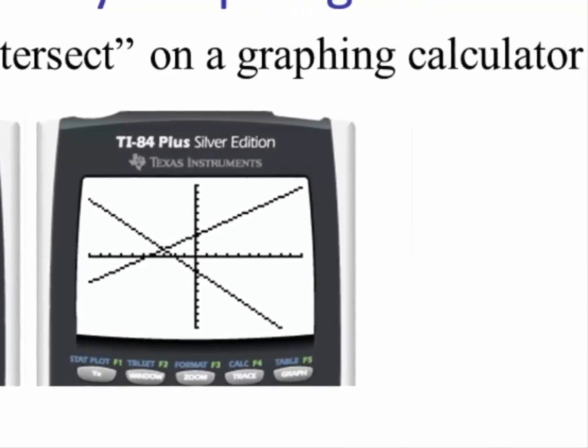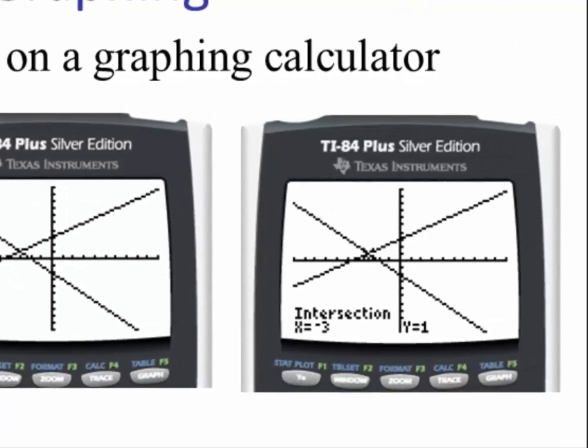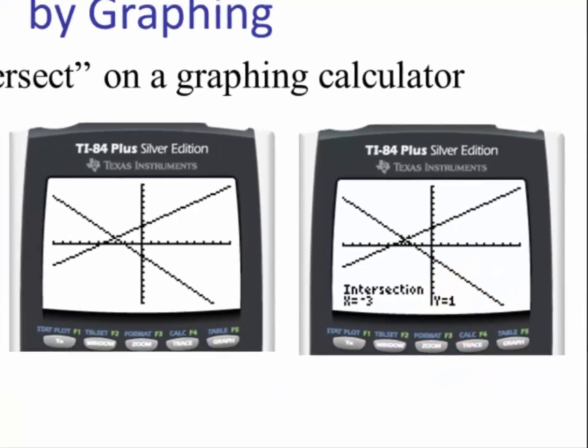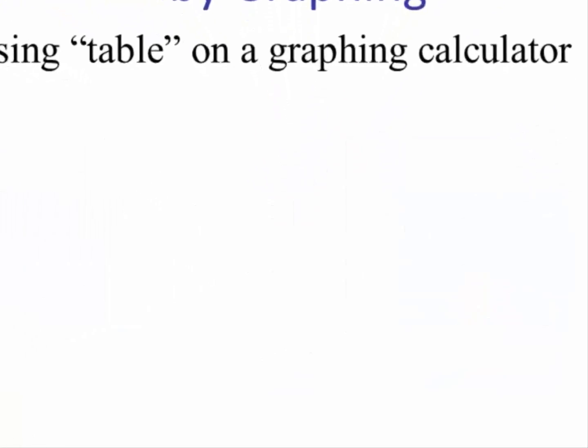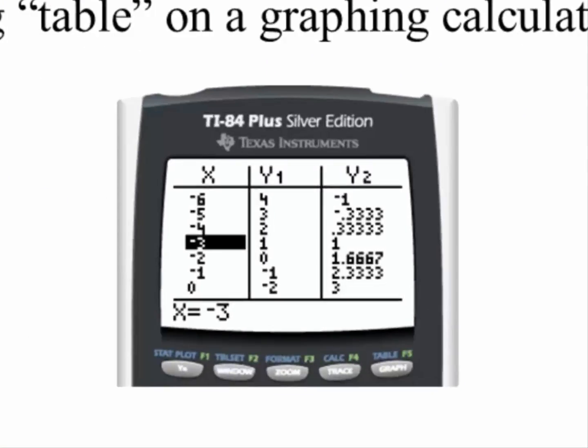So we hit second trace, then intersect, and we see the calculator tells us x is negative 3, y is a positive 1. If we hit our table feature, when x is negative 3, we see that for both y1 and y2, y is a positive 1.